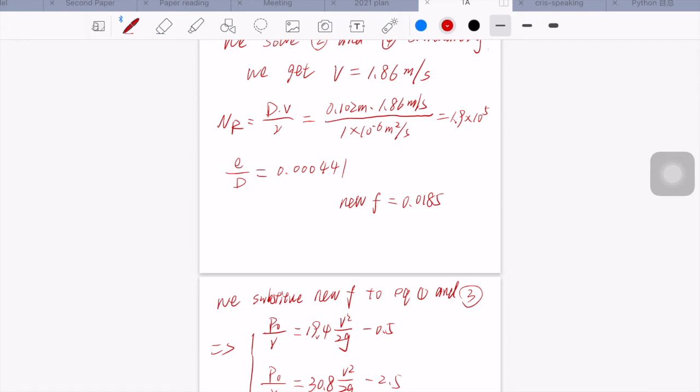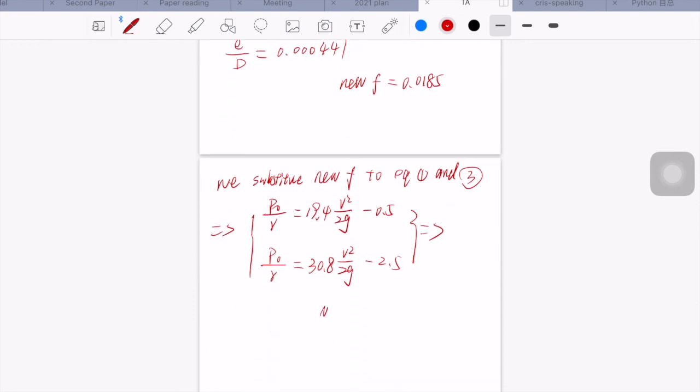So from these two equations, we can find that the new velocity also equals 1.86 meter per second. So we can conclude that the new f is okay.